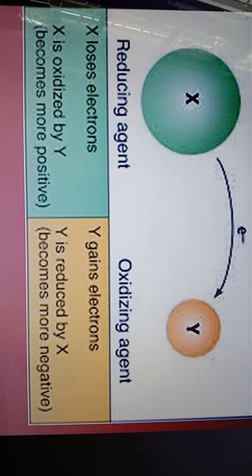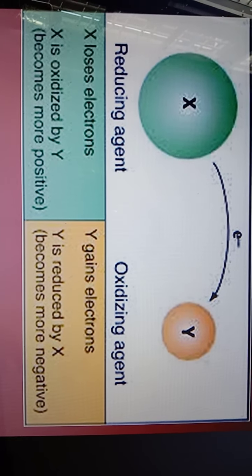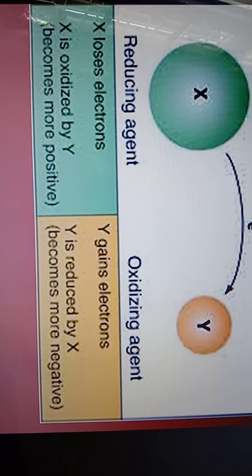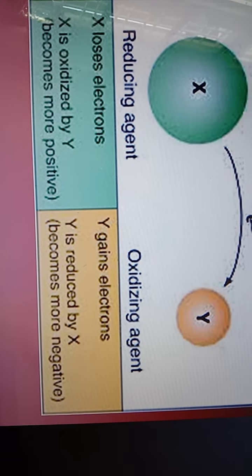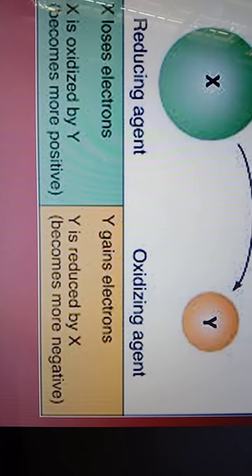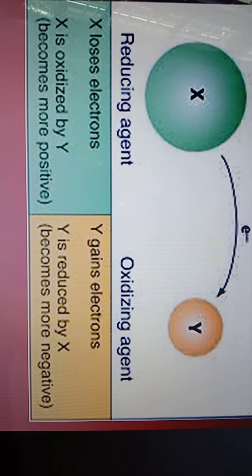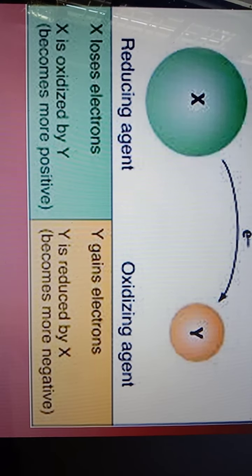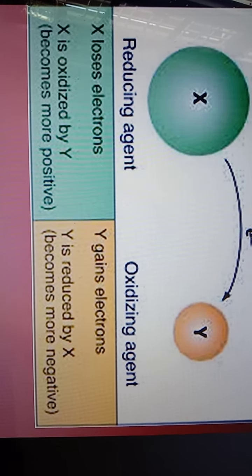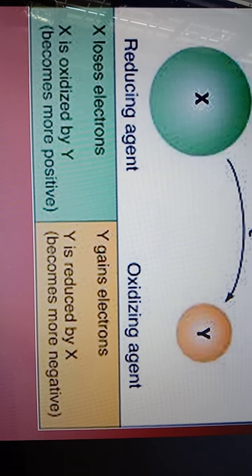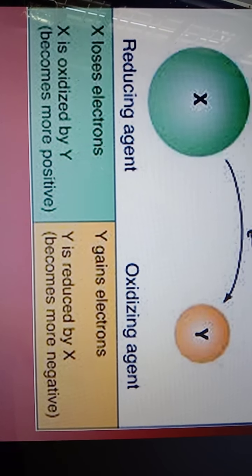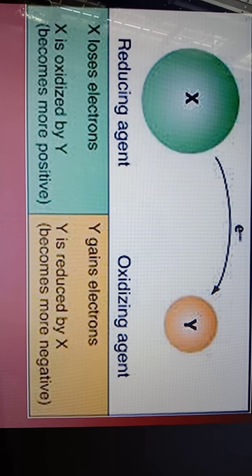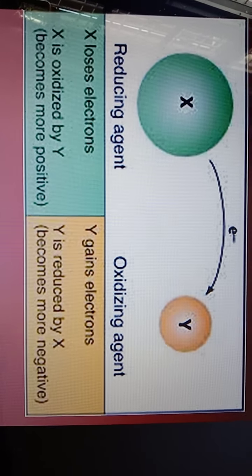According to this electronic concept, an oxidizing agent is a substance or atom which gains electrons, and a reducing agent is the one which loses electrons. So X is oxidized by Y. Y is oxidizing X, so it is the oxidizing agent, and Y is reduced by X, so X is the reducing agent.